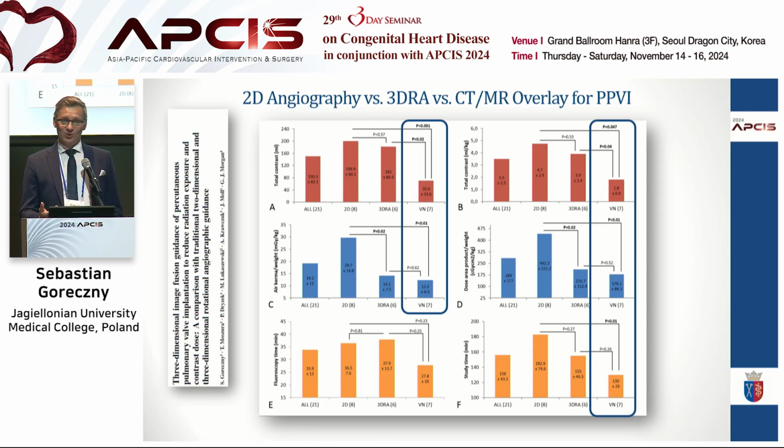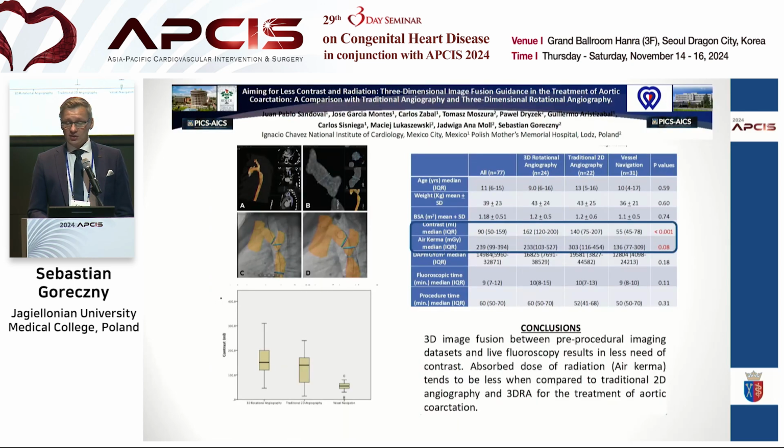So once you learn how to use it, you can do cases faster, you can have less contrast and radiation exposure. This is combined experience from Poland and Mexico, looking just at coarctation. And for this particular intervention, this particular lesion, we were able to get statistically lower contrast usage, and there was a tendency for lower radiation exposure when we used fusion.